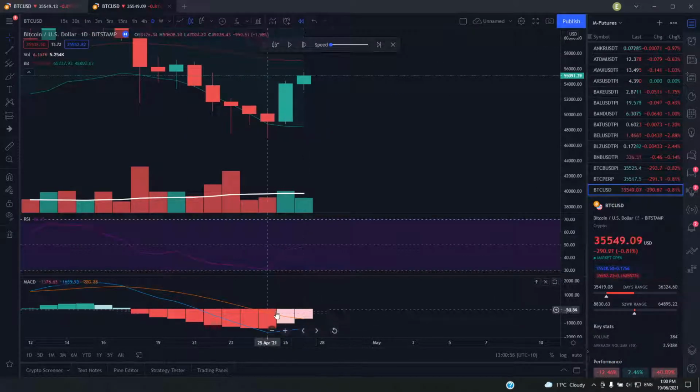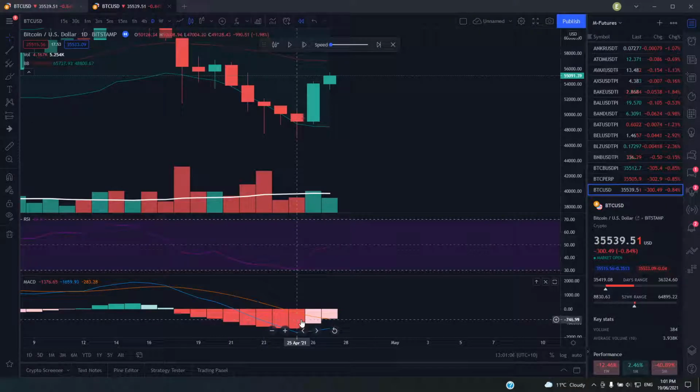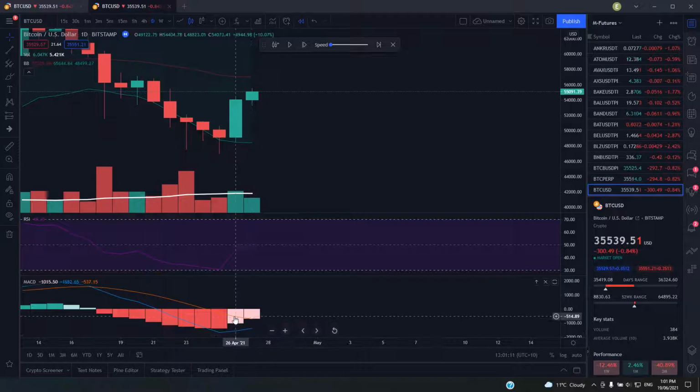So throughout the day on lower time frames, this bar here is going to fade. Okay, it's going to go from red to light, and you've got 24 hours of the day to be able to spot this.